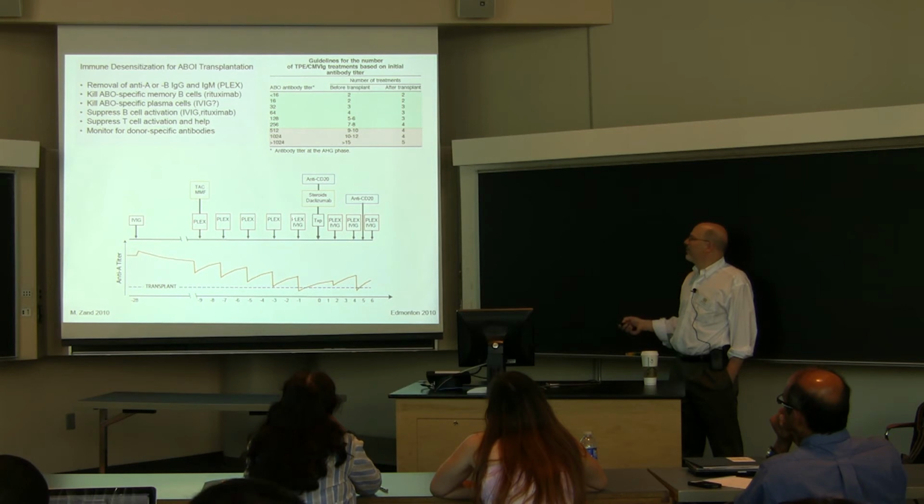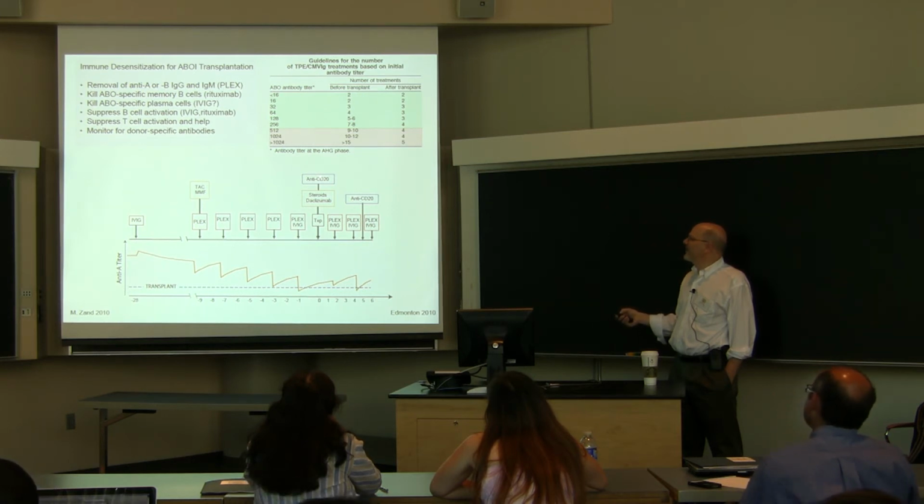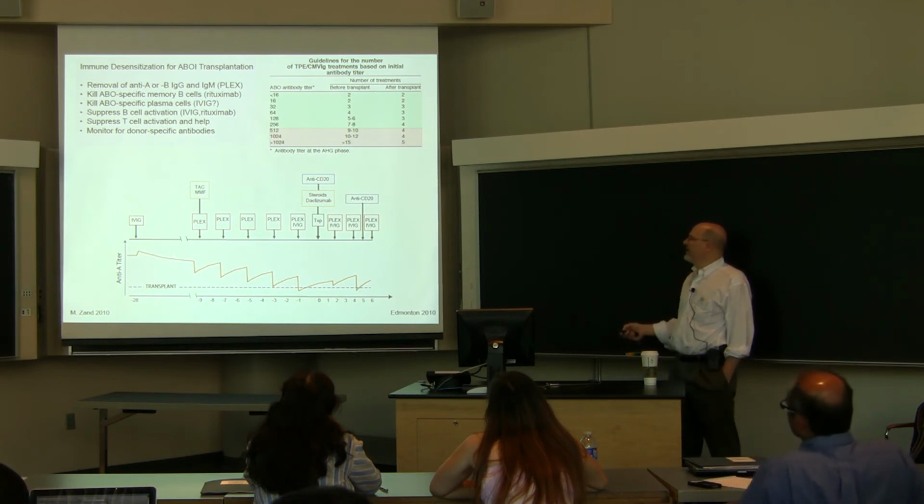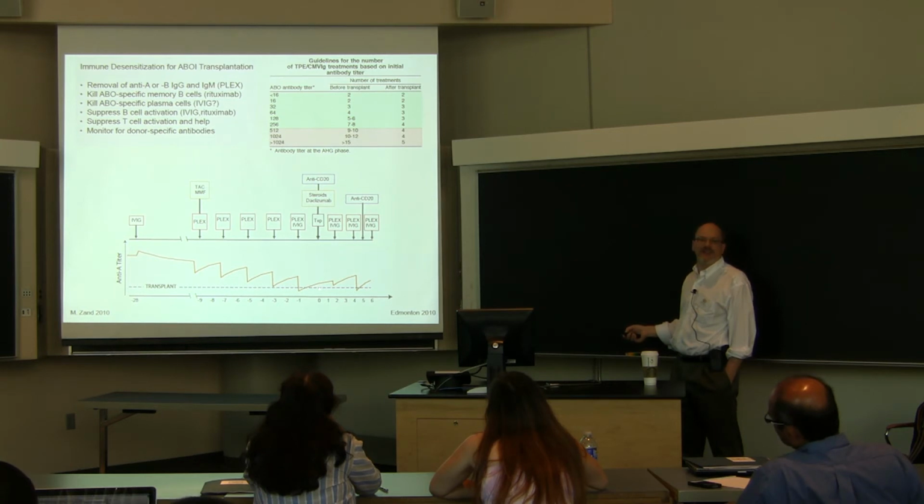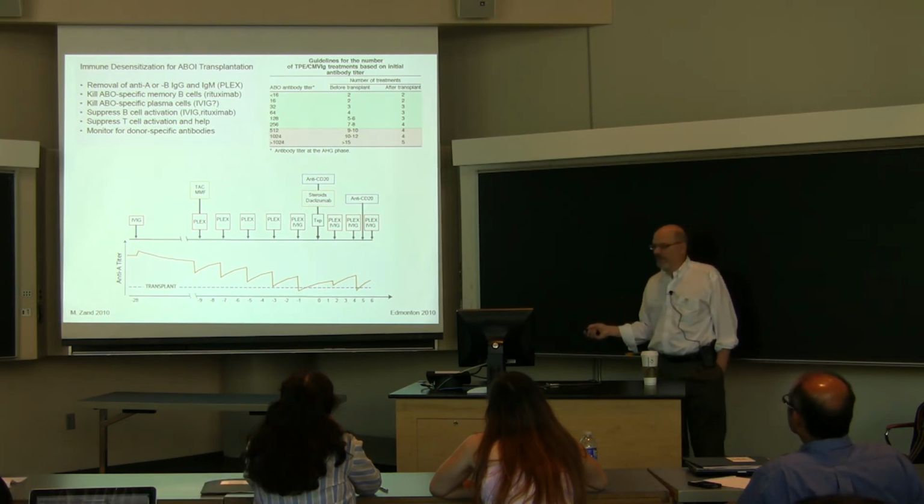So we also block the receptor by giving large doses of intravenous immunoglobulin. We give medications, anti-CD20, which kills B cells that might differentiate into plasma cells, and we can give some other medications as well. And we hope that we reach a low enough titer where a transplant is safe, and then we can suppress those titers for a while.